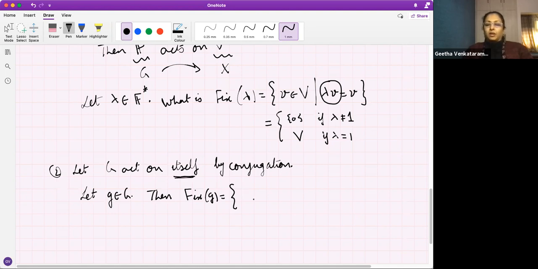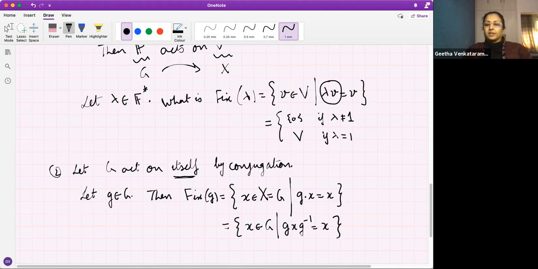So by definition, this is all the x belonging to X, which here is just G, such that g dot x equals x. And remember what the action is, it's the conjugation action. So this is the set of all x in G such that gxg inverse is equal to x.